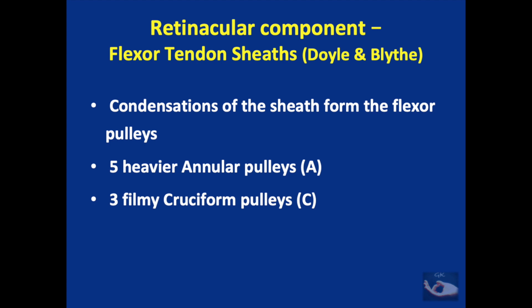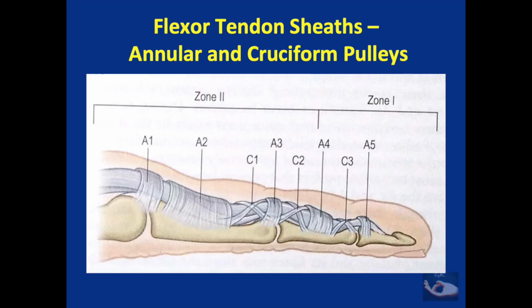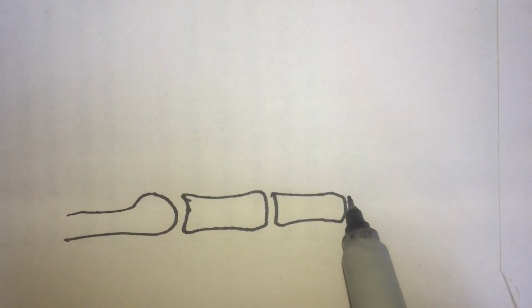There are 5 heavier annular pulleys represented by the letter A and 3 filmy cruciform pulleys represented by the letter C. The annular pulleys are named A1 to A5 from proximal to distal, and the cruciform pulleys are C1, C2 and C3 from proximal to distal again. To understand the position of the annular and cruciform pulleys, we shall now draw a diagram.